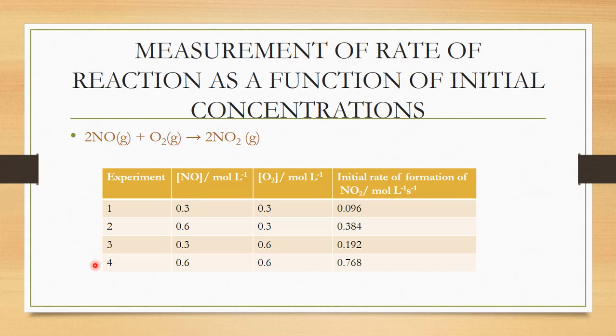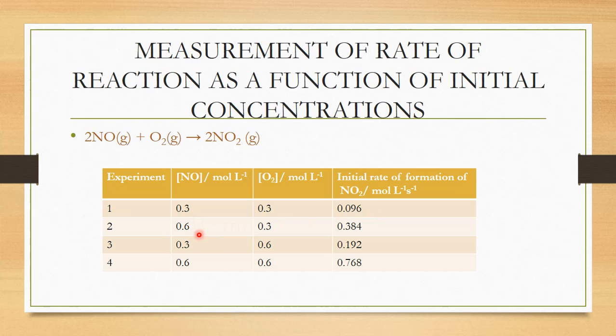We got the following results, given in tabular form. When the concentration of NO and O2 both were 0.3 each, the rate of formation was found to be 0.096.